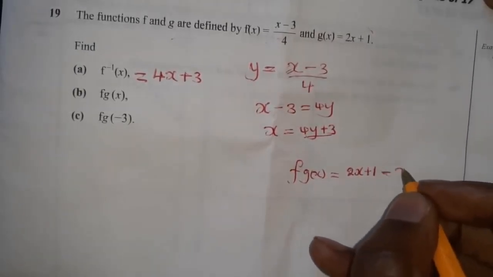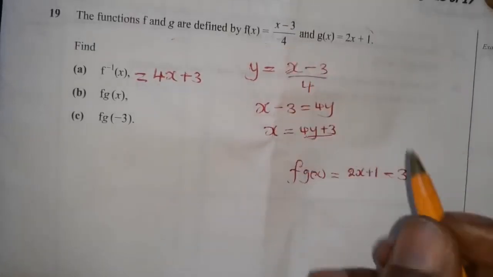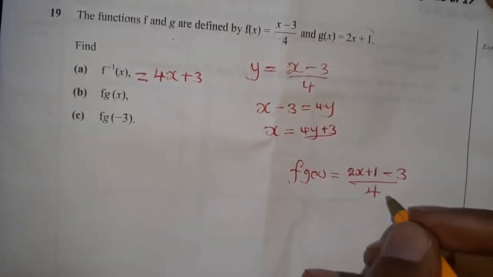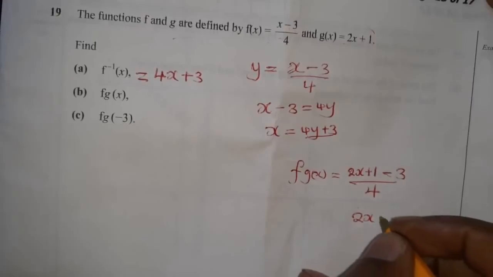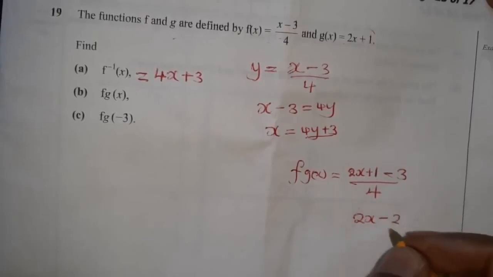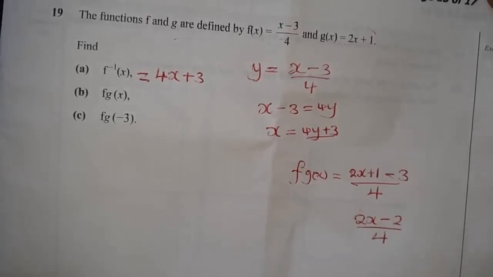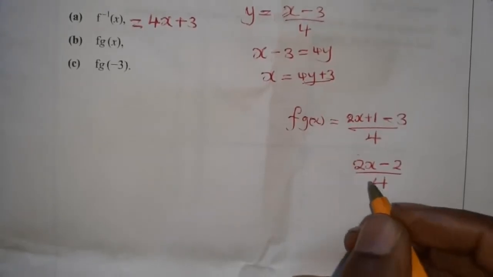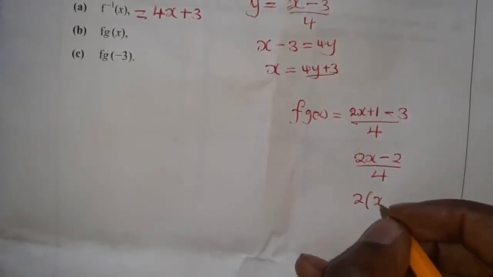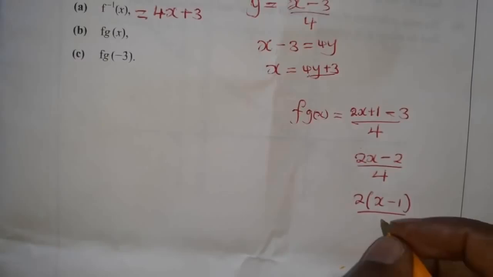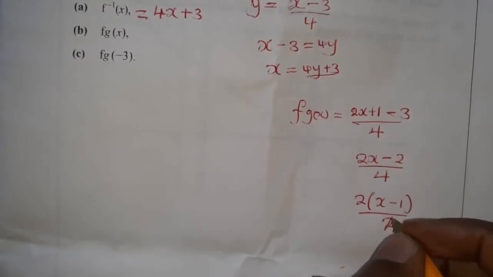Then I'll put minus 3, because we have a minus 3 here, over 4. So what do I have? I have got 2x minus 2 over 4. Okay? Now this, you can further say 2x minus 1 over 4.